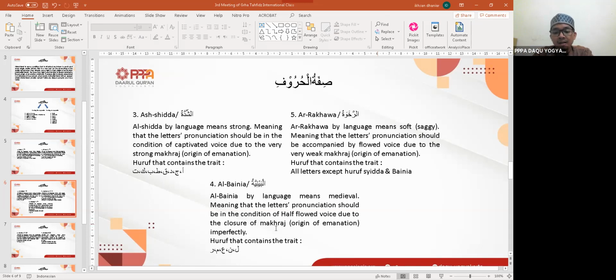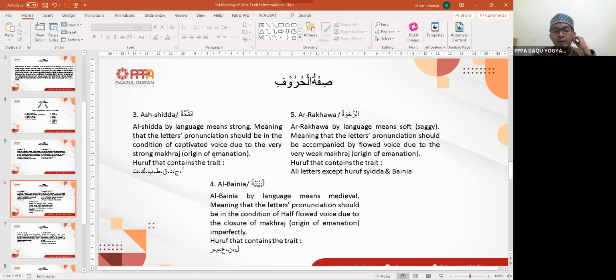You release just half of the voice. So it's not all released, it's not all flowed, it's just halfway, because the makhraj is closed imperfectly. In ashiddah, it's perfectly closed.